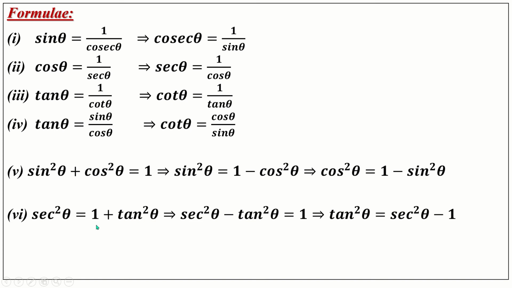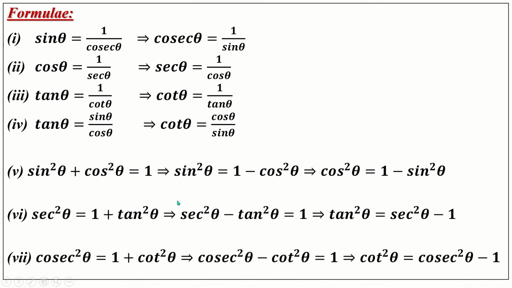From here, we can write sec square theta minus tan square theta is equal to 1, or tan square theta is equal to sec square theta minus 1. Cosec square theta is equal to 1 plus cot square theta, which implies cosec square theta minus cot square theta is equal to 1, or cot square theta is equal to cosec square theta minus 1.